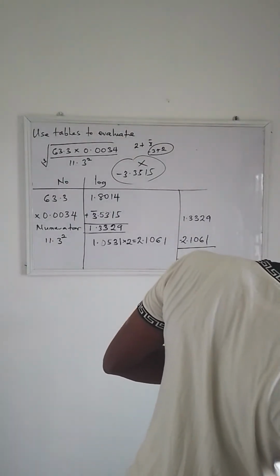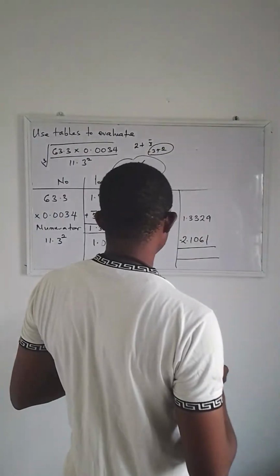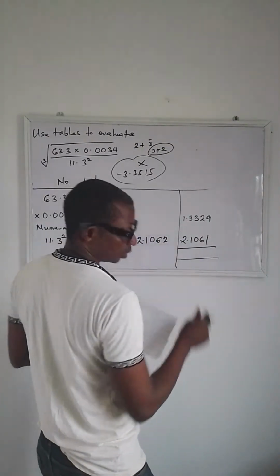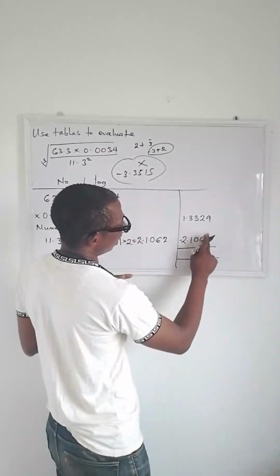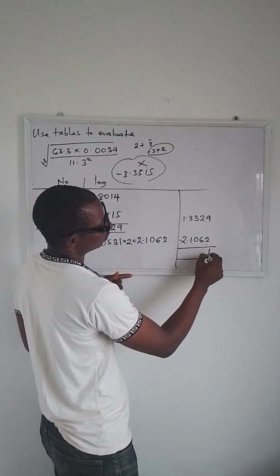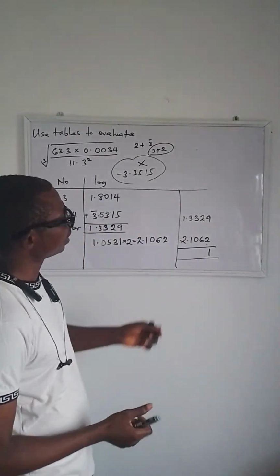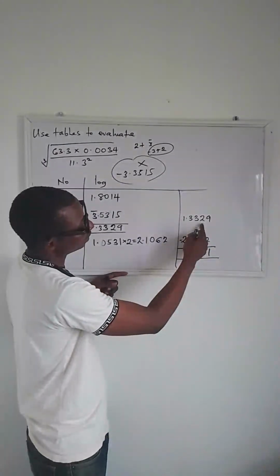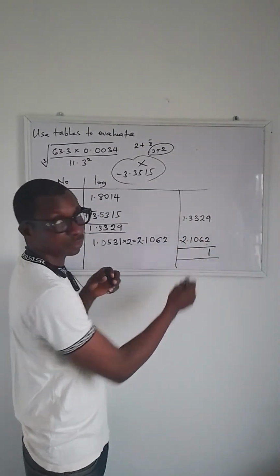All right, so I think this one's supposed to be 2. That's the fourth one. Okay, so now let's adjust these two. When you add this and this, you have 11. So you write 1, you keep 1. Let's add 2 and 6 together.